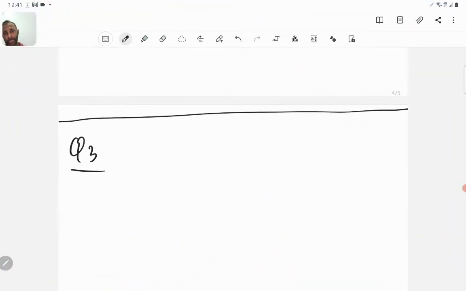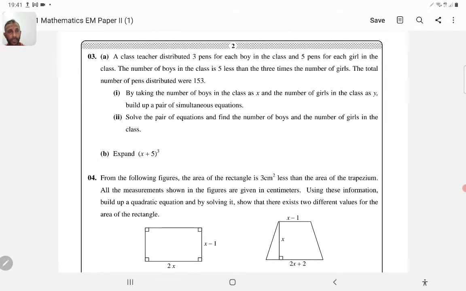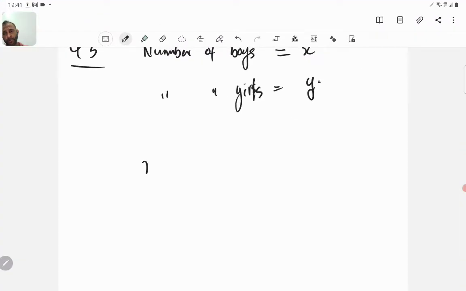As the question says, the number of boys is X and the number of girls is Y. They say that the number of boys in the class is 5 less than 3 times the number of girls.